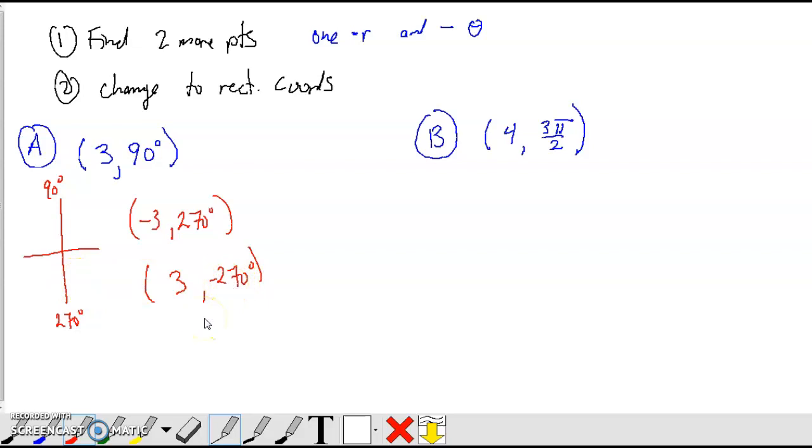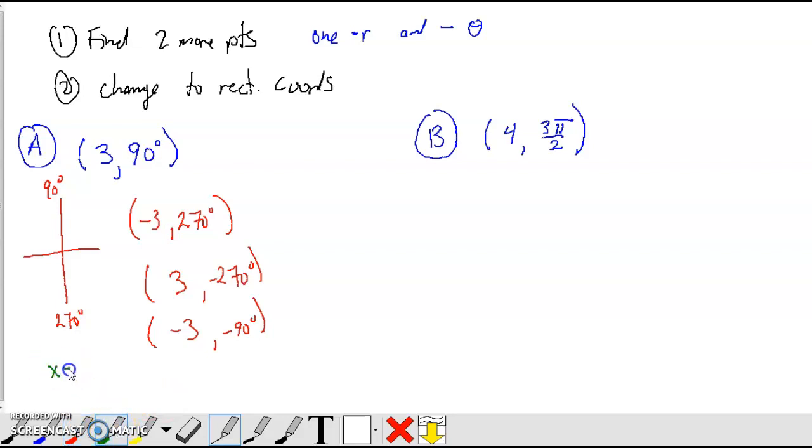If we wanted to do any other ones, you can always email me and check to see if you have the same values. For instance, I'll do one more. Let's say you just went negative 90 degrees. Negative 90 degrees leads you here, but again, you want to be up there. There's the negative 3. So that's all 3 together. Now I want to change it to rectangular coordinates.